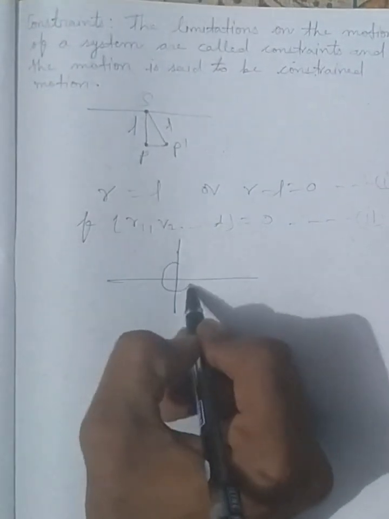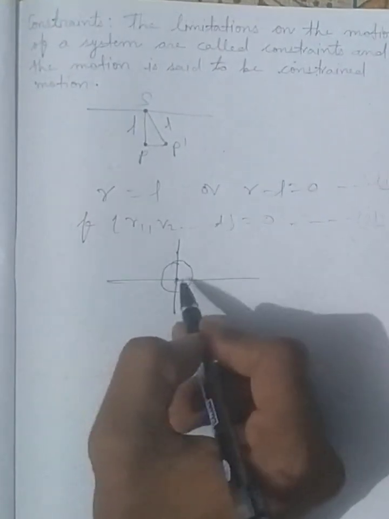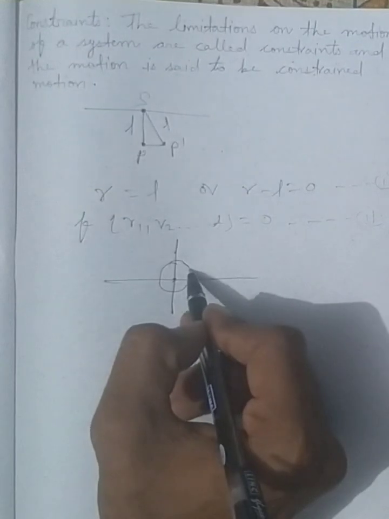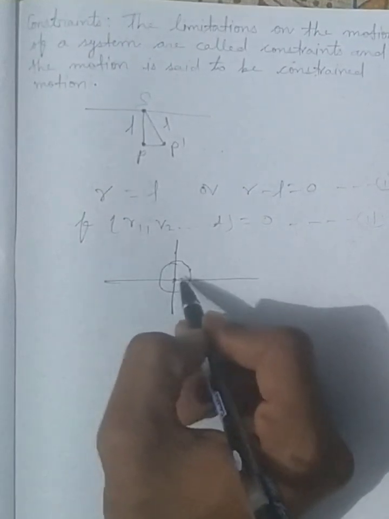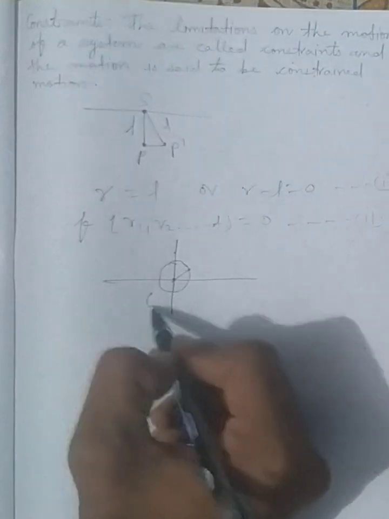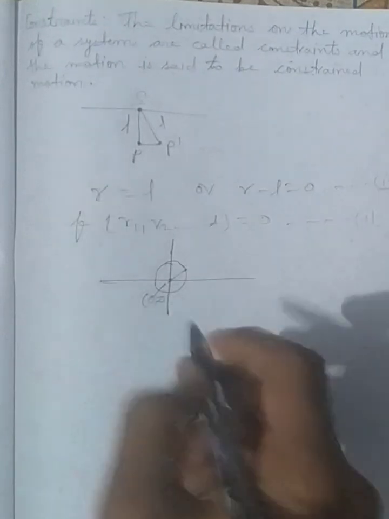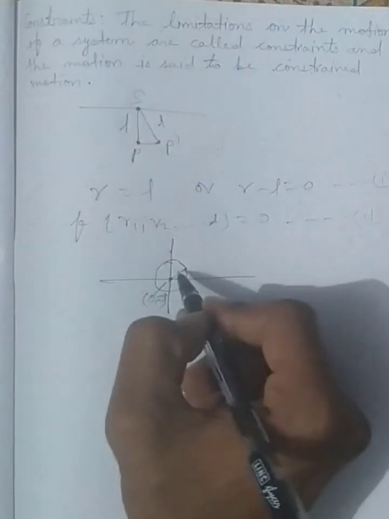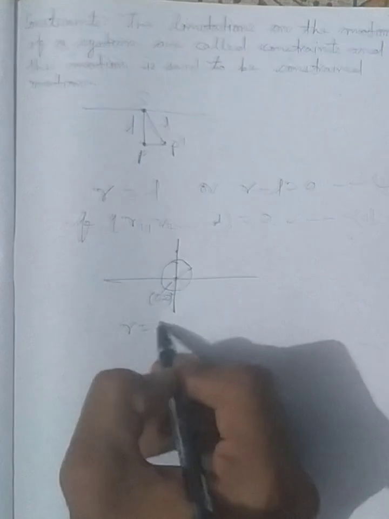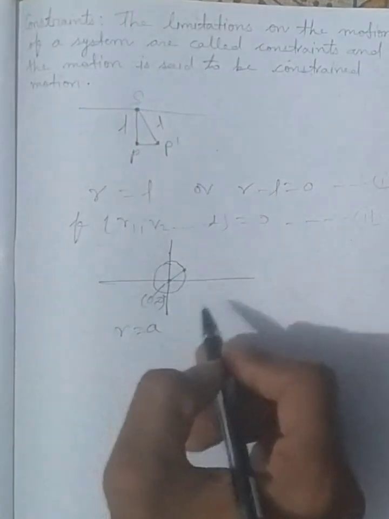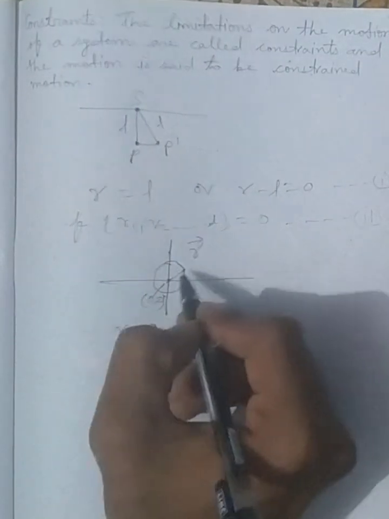One more example of holonomic constraint, let's say. This is here the Cartesian system. Again, this is a circle. This is the origin. Let's take a point here, constrained to move along the circumference of the circle. Let's say A is the radius of the circle. And at any point of time, say the r vector is the position vector of the particle.